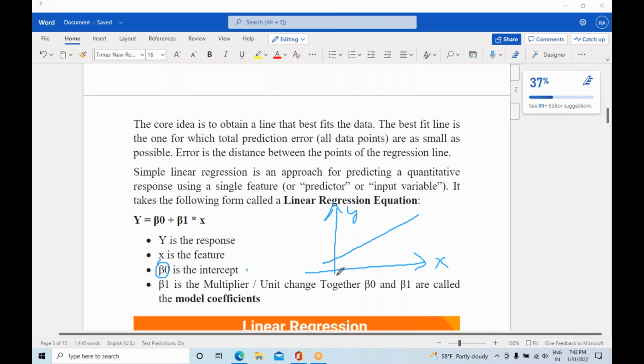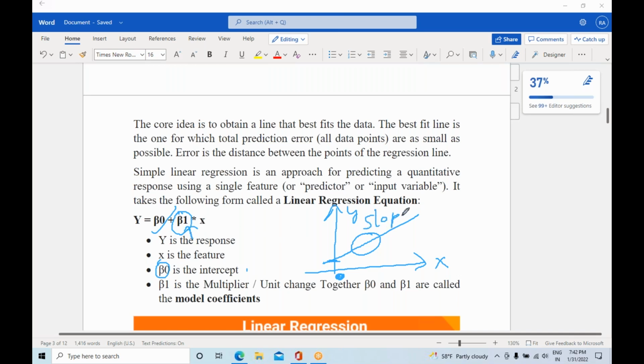At x equal to 0, what will be my y? That we call the intercept. Coming to beta 1, when you change x by 1 unit, what will be the change in y? That is given by beta 1, which we call the slope.